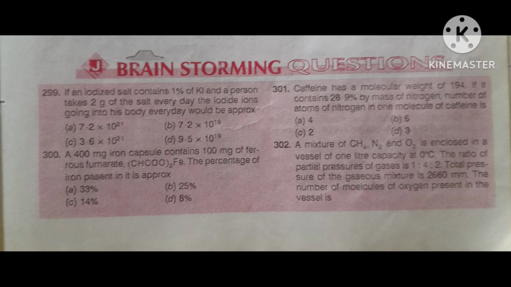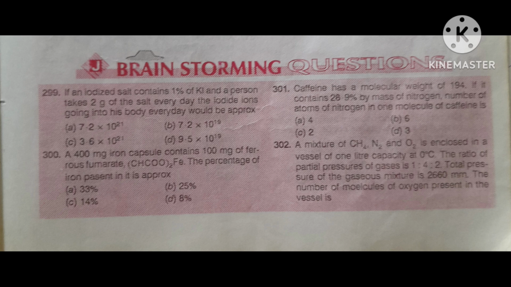First you have to calculate that. In the question it is given that the salt contains 1% potassium iodide, which means out of 100 grams of salt, 1 gram is potassium iodide.